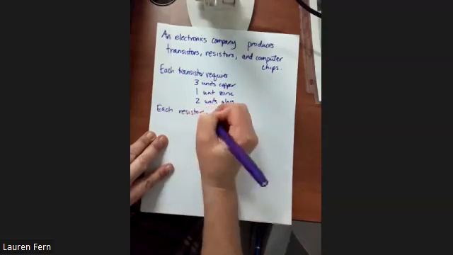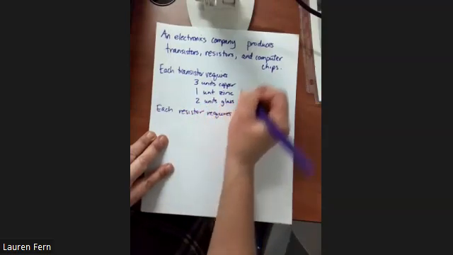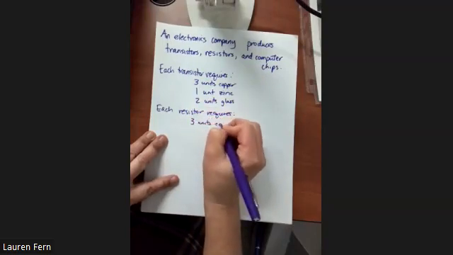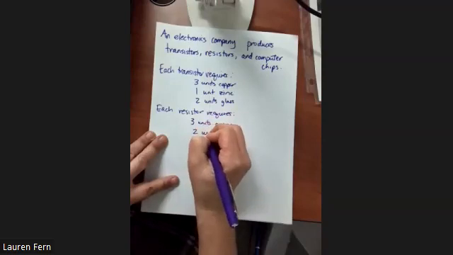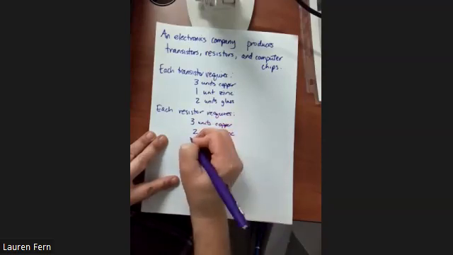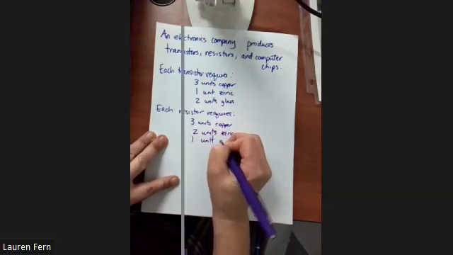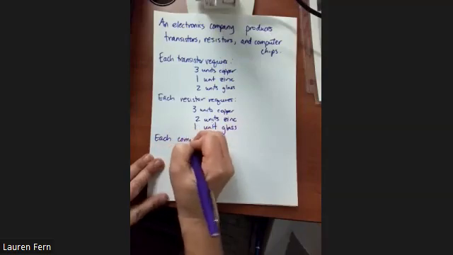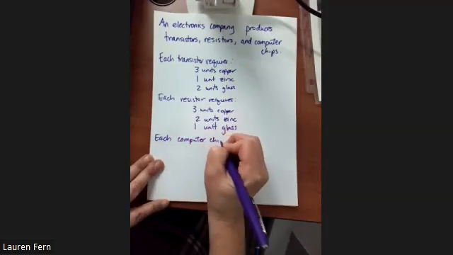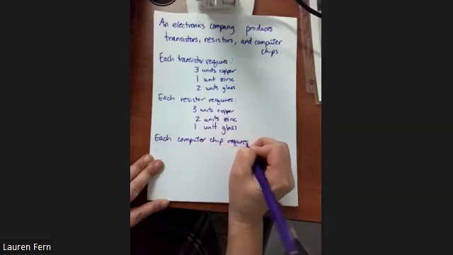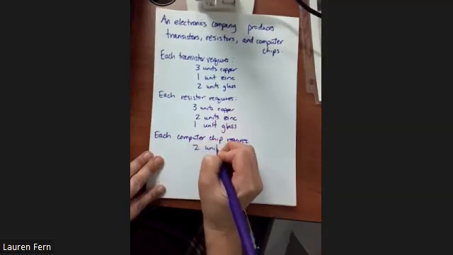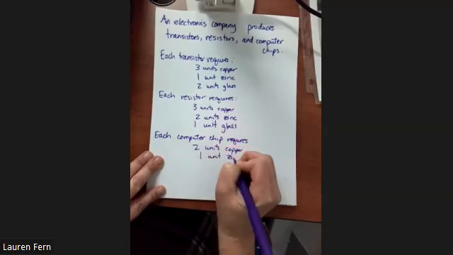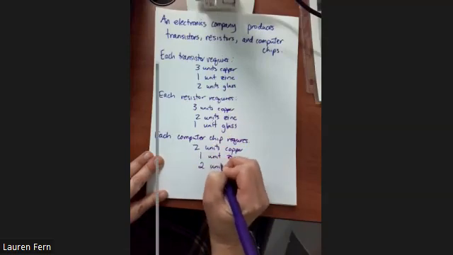Each resistor requires 3 units of copper, 2 units of zinc, and 1 unit of glass. And finally, each computer chip requires 2 units of copper, 1 unit of zinc, and 2 units of glass.